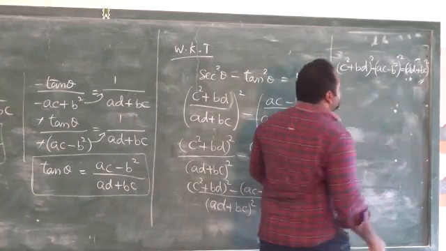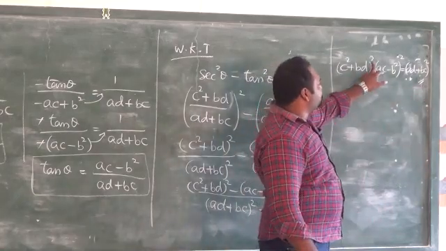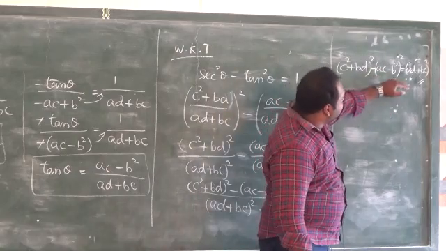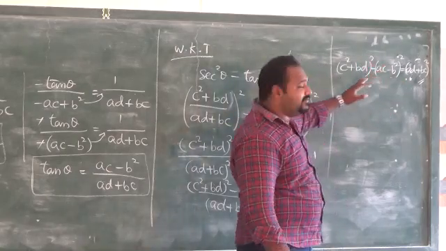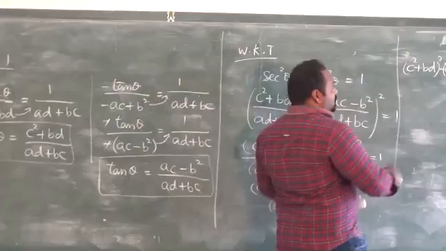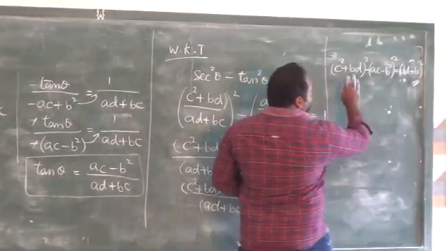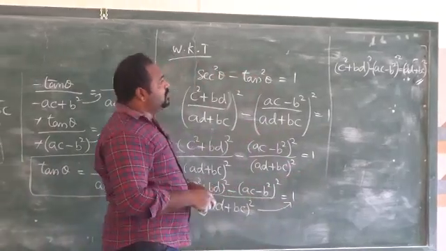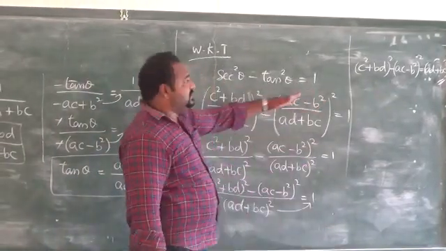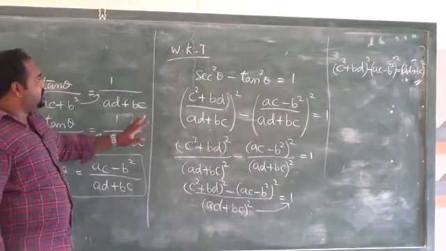This is the answer. You don't need to expand this power 2 here, just keep it as it is. Look at this answer, there is no theta value, so we have eliminated the theta value by using this method. So this is the answer for this question.